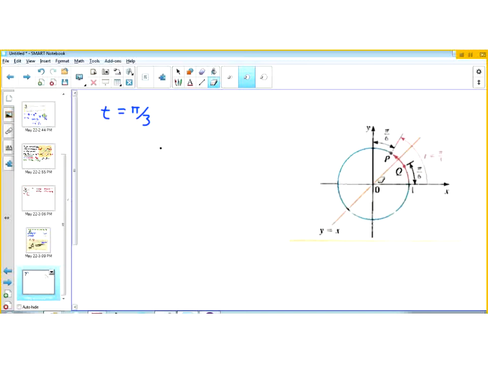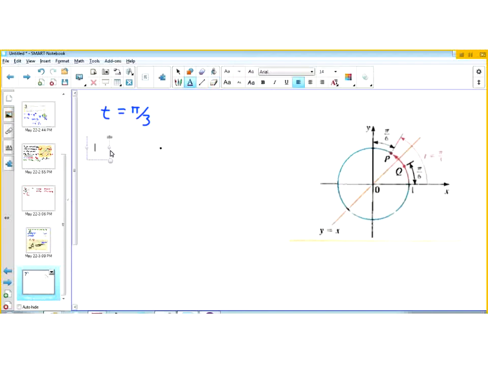So P and Q are drawn thusly. Now, it turns out the equation of this yellow line is y equals x, and it basically bisects the arc connecting Q and P. So the line y equals x is a bisector for arc P and Q. So we can say that P is the reflection of Q about the line y equals x.